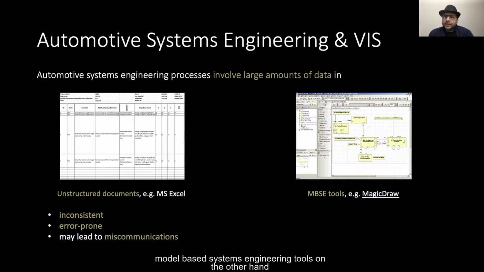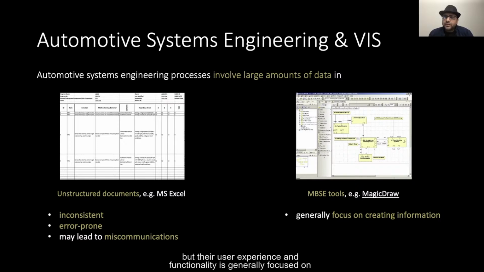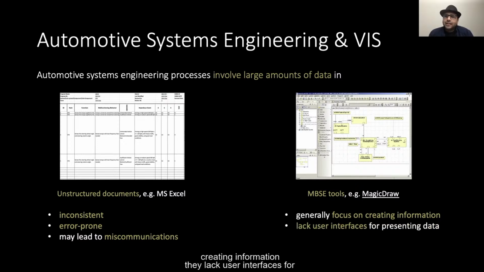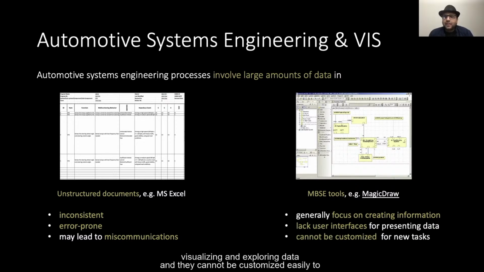Model-based systems engineering tools, on the other hand, use a common language like SysML that partly solves the problem, but their user experience and functionality is generally focused on creating information. They lack user interfaces for visualizing and exploring data, and they cannot be customized easily to support newer advanced tasks.